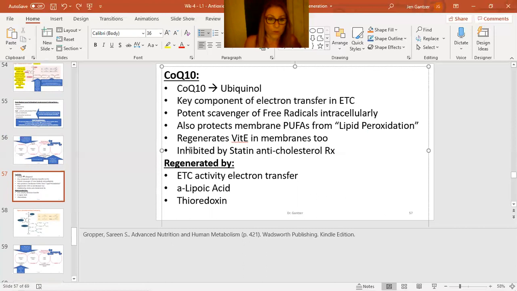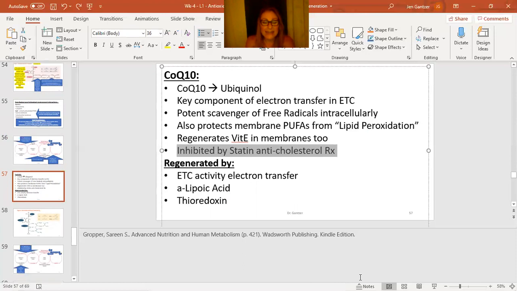So what we need to remember here is any person on a statin anti-cholesterol drug is going to inhibit the body's natural ability to synthesize CoQ10. It comes from the same pathway as the cholesterol synthesis, and that's what the statins do, is they inhibit the HMG-CoA enzymatic reaction, and that's going to prevent the intrinsic de novo synthesis of CoQ10.